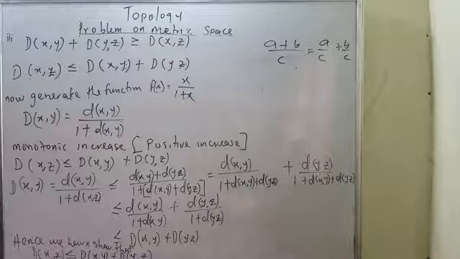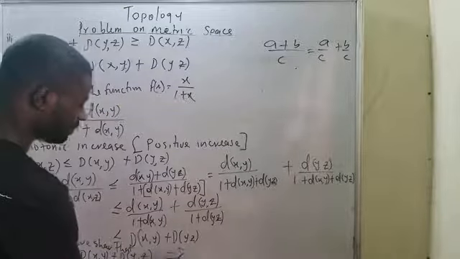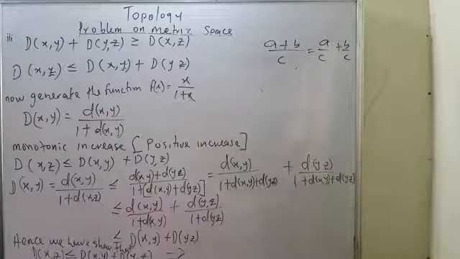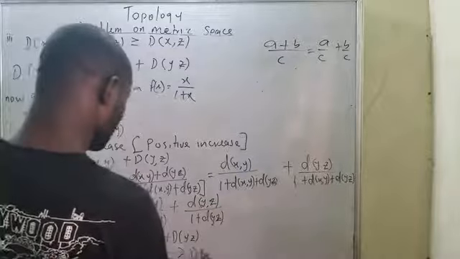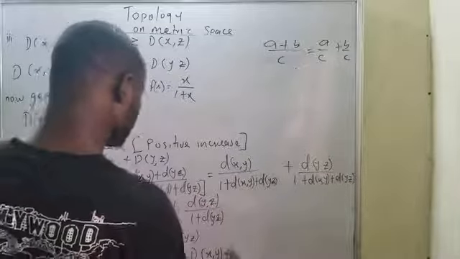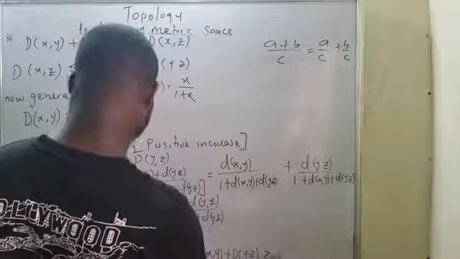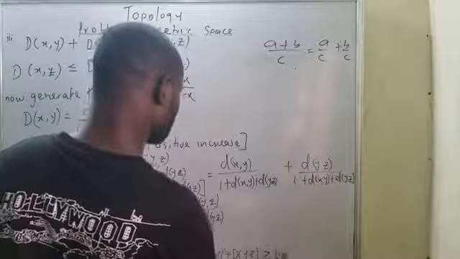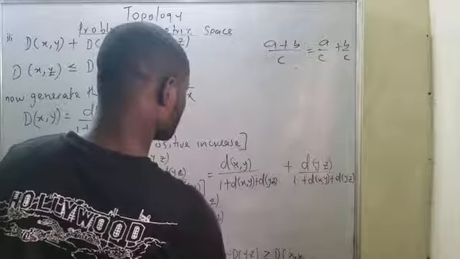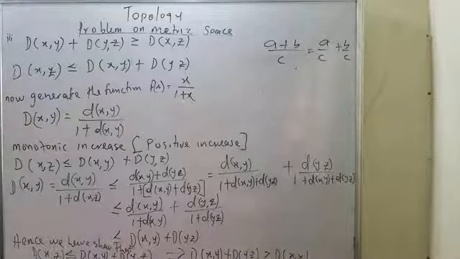Okay, that is what I mean by that. Since I have this, I think I've done something very good for you. With what is on ground now, I can redirect this thing by having d of xy plus d of yz greater than or equal to d of xz. Okay, with this I think I'm good to go.